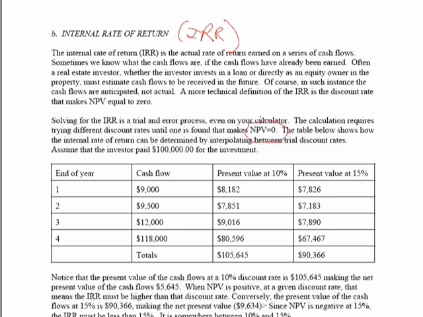in plugging in numbers and crunching math. But to look at the cash flows here, again, we have 4 cash flows. This does look a lot like a real estate investment. You'll notice that the first 3 cash flows are 9,000, 9,500, 12,000. The fourth one is 118,000.